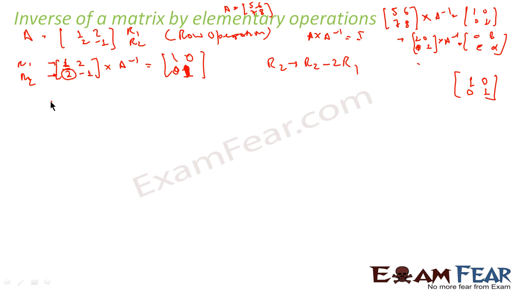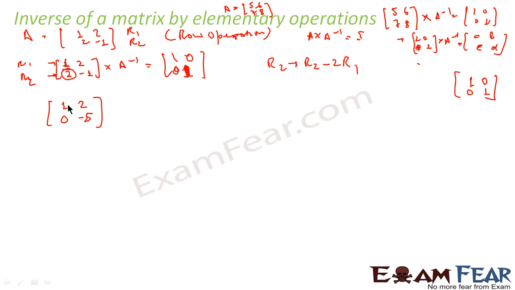R1 is unchanged, R2 becomes 2 minus 2 into 1, which is 0, and minus 1 minus 2 into 2, that is minus 1 minus 4, that is minus 5. Got it?